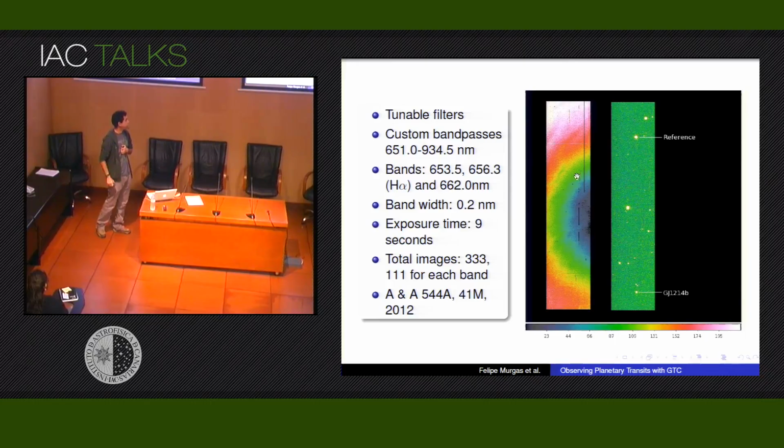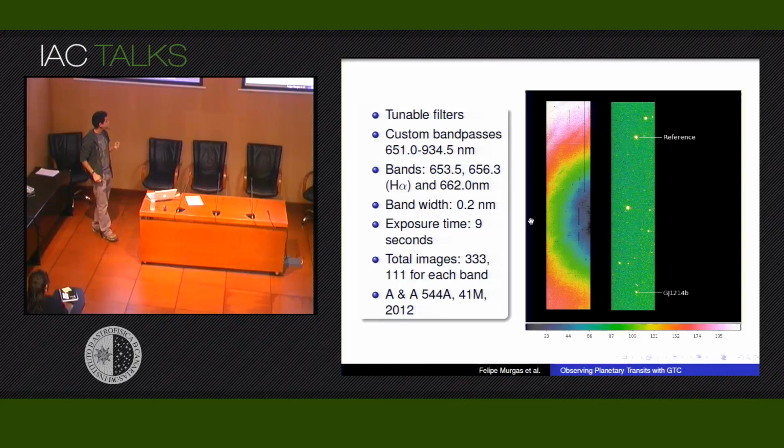So in order to have our star at H alpha, for example, we have to choose another star at the same distance from the center as a comparison. We were only able to choose one star, given the geometry of the field, to be at the same position from the center of GTC OSIRIS. In that way, we are sure that the reference star and GJ1214 are at the same wavelength in each of the observations.